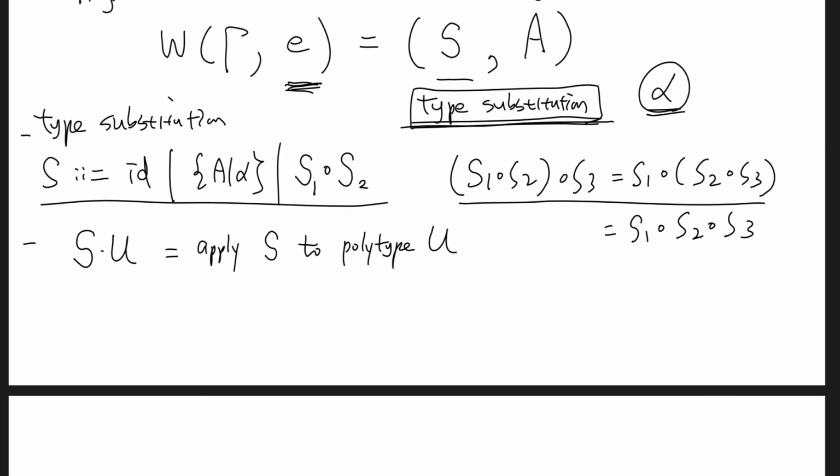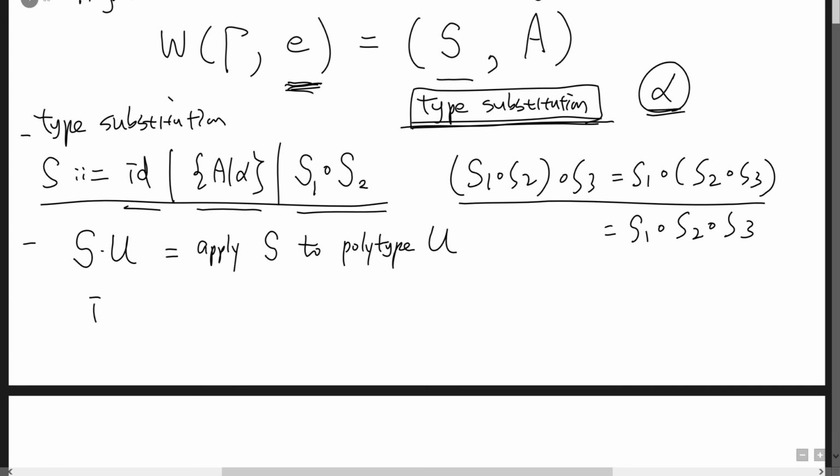There are three cases of type substitution: identity, singleton type substitution, and composition. First, what if the substitution is the identity substitution? Then by definition, identity substitution performs nothing. So the result is, of course, U.